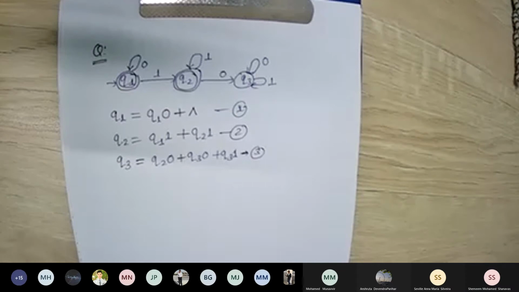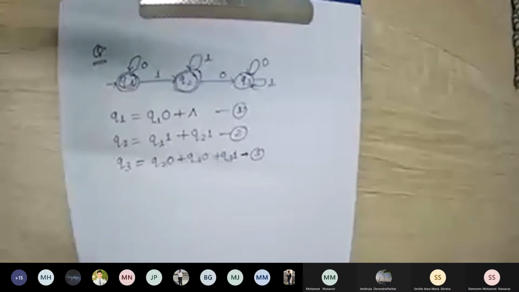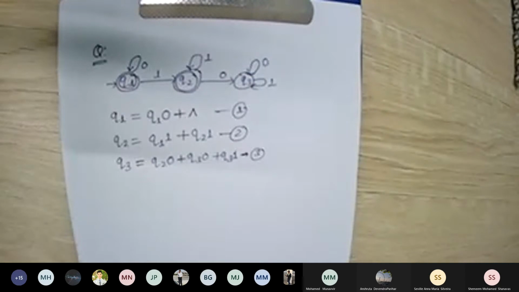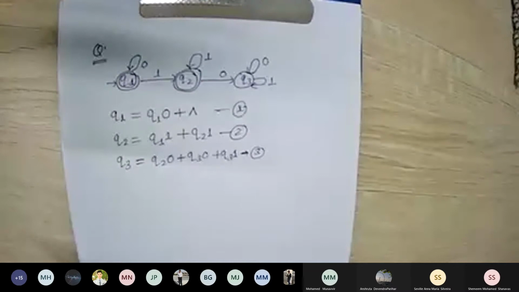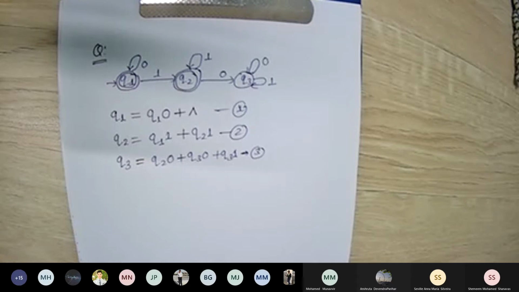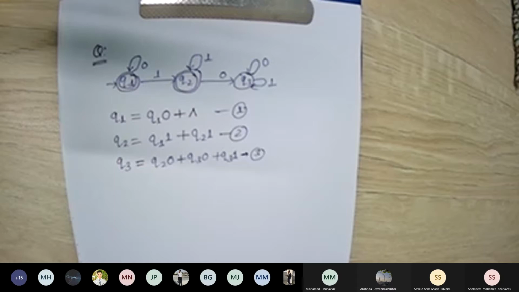And the final regular expression which will be accepted for this given DFA diagram will be whatever you are getting for the final states. So whatever you are getting for Q1 and whatever you are getting for Q2, both regular expressions will be accepted here. So what we will do?